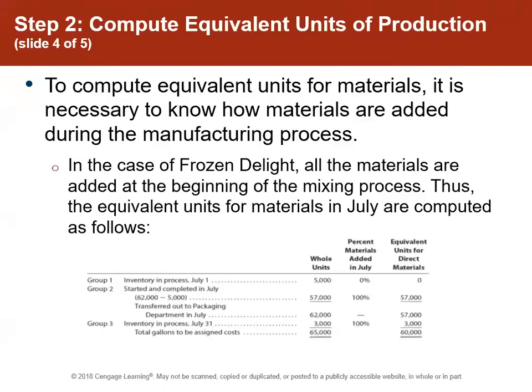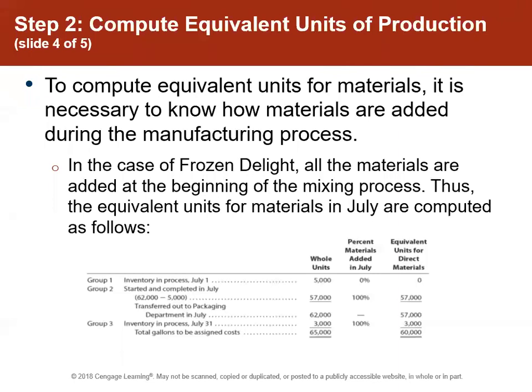Group 2, we started and completed 57,000 units. They told us that. Well, if we started and completed them, they're 100% complete. So we want to assign costs to every one of them. So equivalent units of materials for started and completed are always 100%, 57,000 units. And that's the same as what's transferred out to the packaging department in July. Because we had 0 for inventory, we just add 0 plus 57,000.